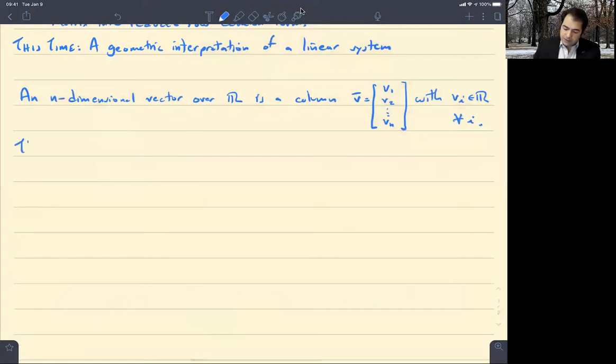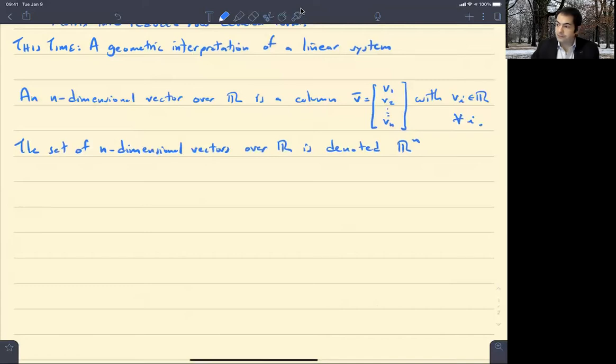The set of n-dimensional vectors over R is denoted Rn. Right?